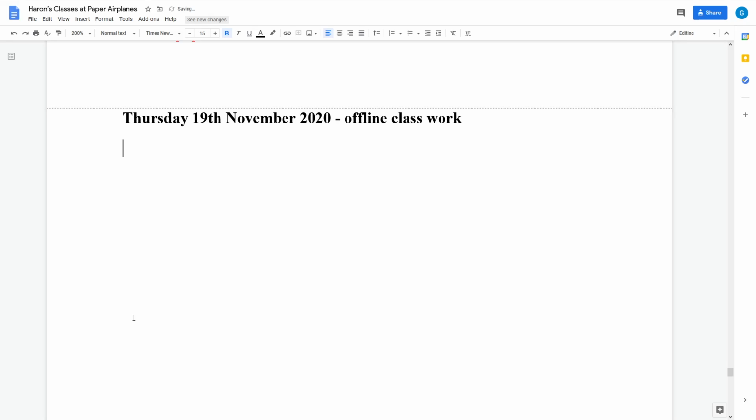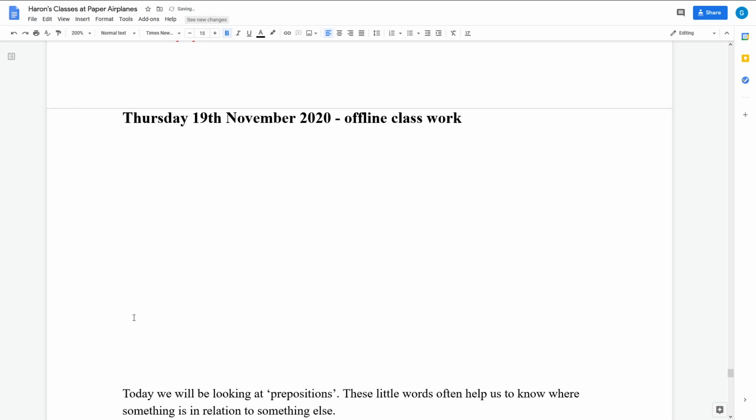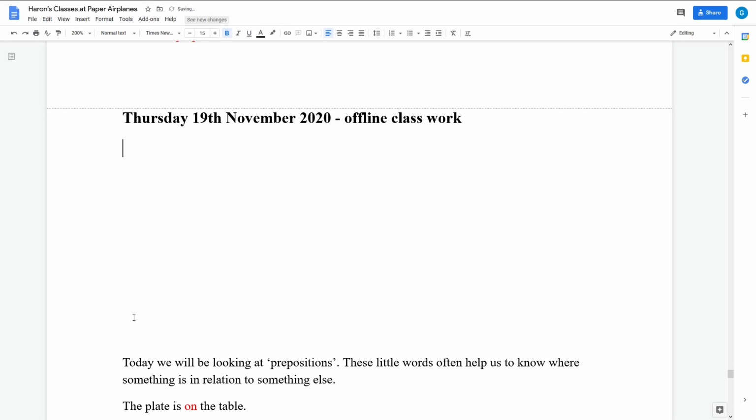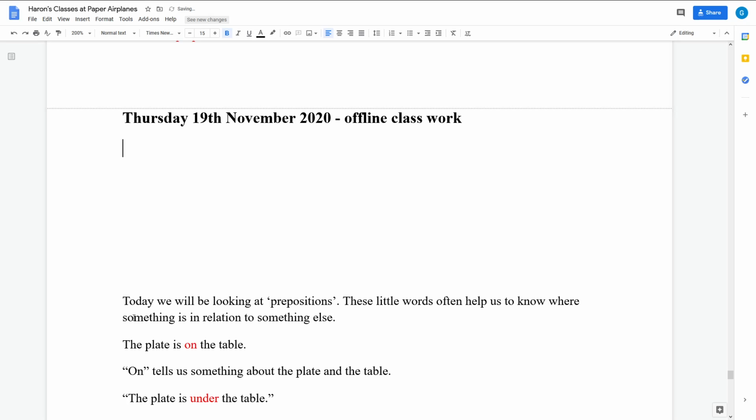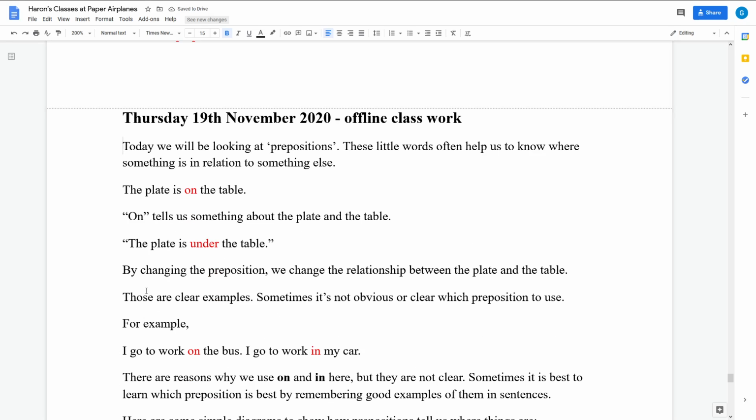Today we're looking at prepositions, so let's begin by talking about prepositions in English. These little words often help us to know where something is in relation to something else. For example, the plate is on the table.